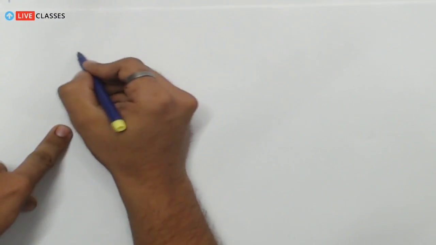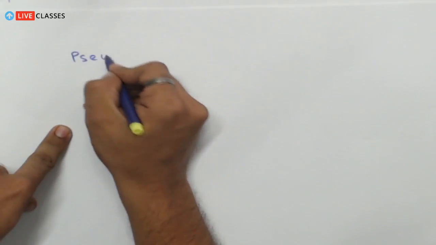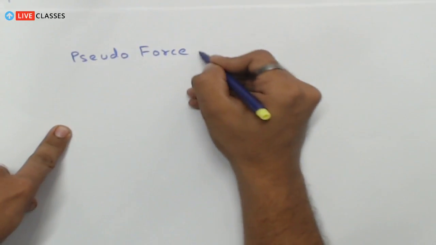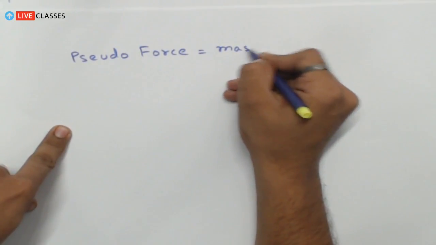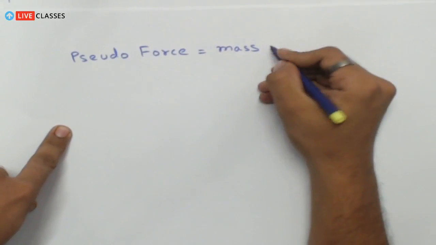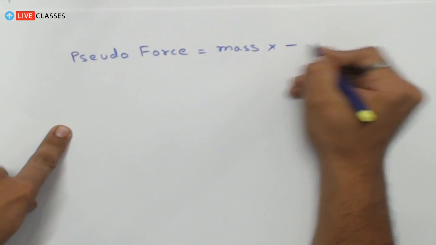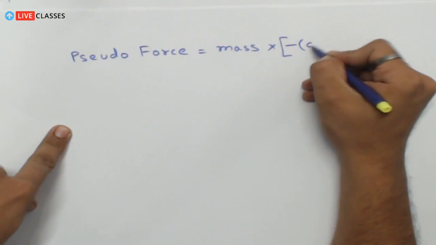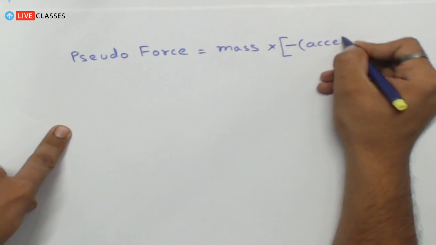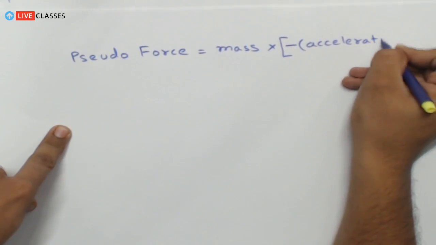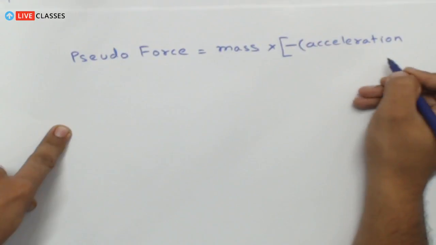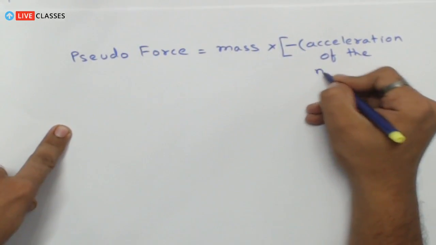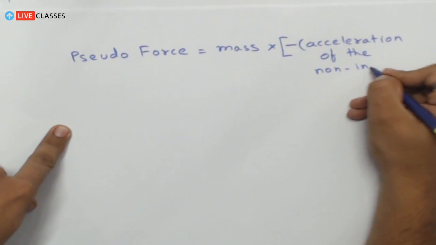So what is this pseudo force? It's the mass of that object times the negative of the acceleration of the non-inertial frame.